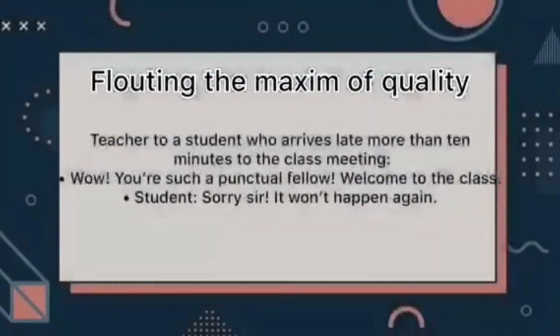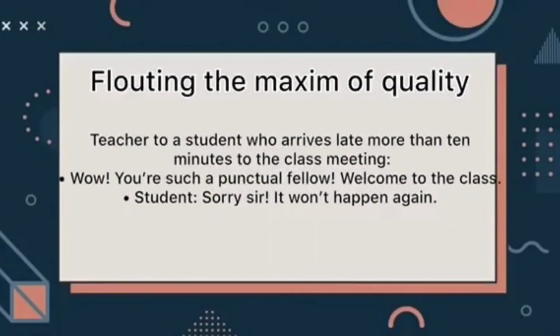Flouting of the maxims is to deliberately fail to observe a maxim in order to create an implicature. A cooperative speaker can intentionally disobey a maxim as long as he or she or the context provides enough indicators for the hearer to notice it.